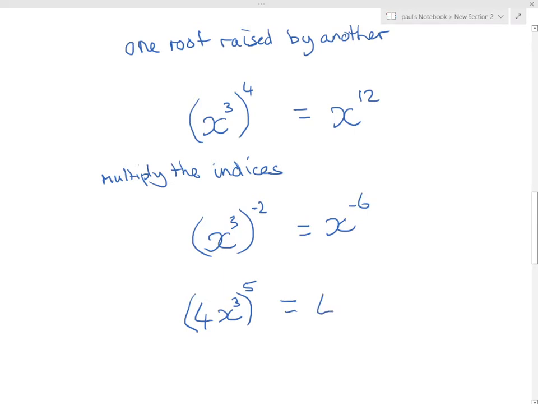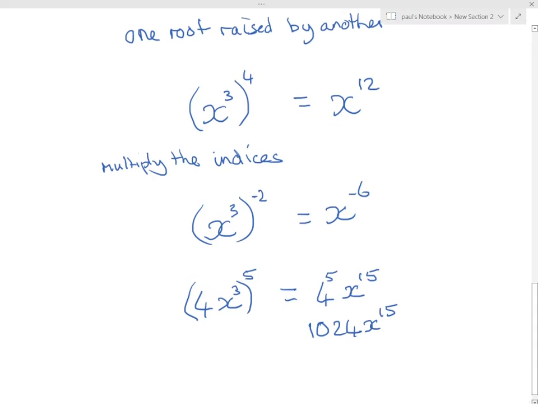So that will come out as 4 to the 5 and x to the, remember, multiply, x to the 15. Now 4 to the 5, I'll save time and do that on the calculator. 4 to the power of 5 is 1024. So you'd have 1024 x to the 15. Yeah. Powers raised by another.